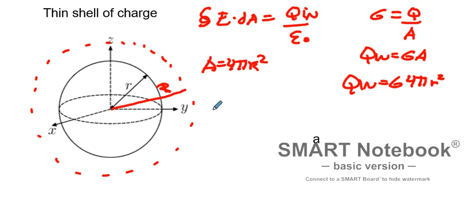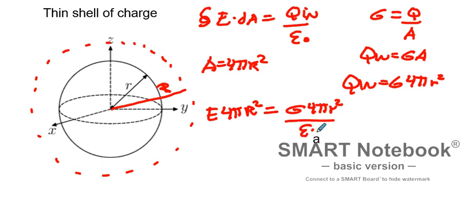Plugging this in then, we have E multiplied by the area 4 pi R squared is equal to sigma times 4 pi little r squared all over epsilon naught. We see that our 4 pi's can cross off. So the electric field now is going to be equal to sigma times little r squared over epsilon naught times big R squared.